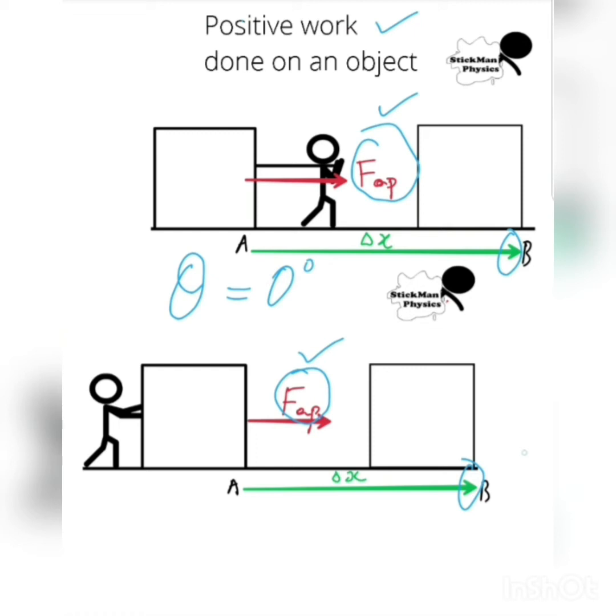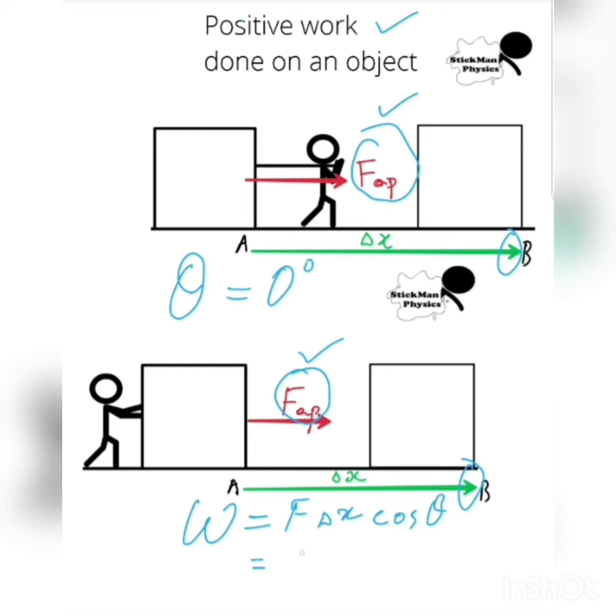Therefore, it means again a positive work is going to be done in this case, because remember, whenever we are to calculate work, we use the following formula: W equals F delta X cos theta.